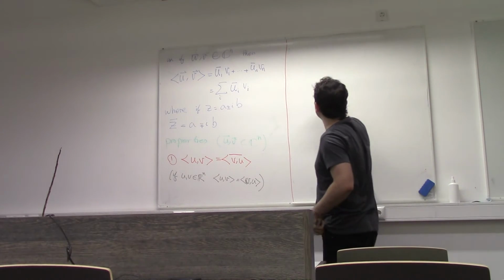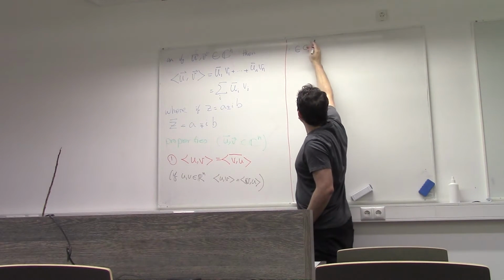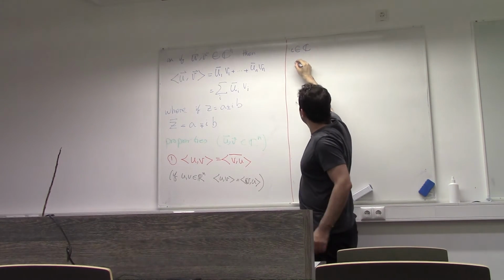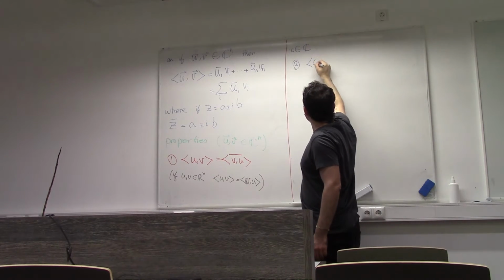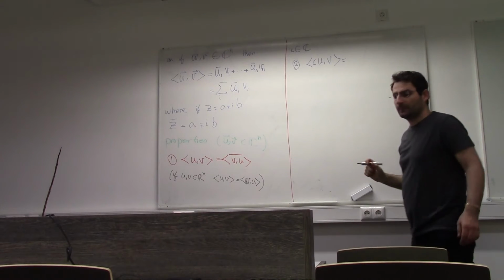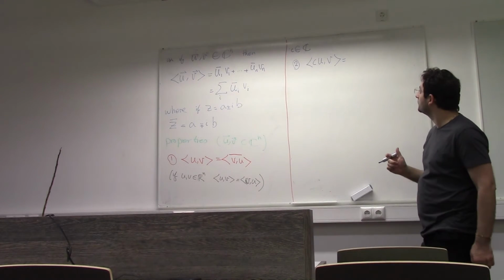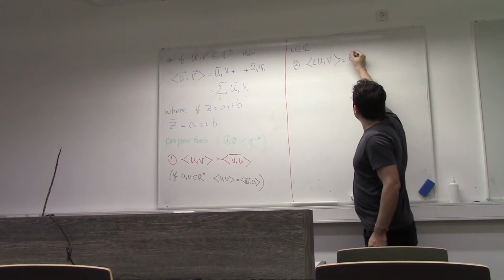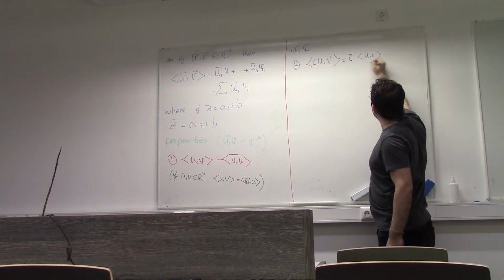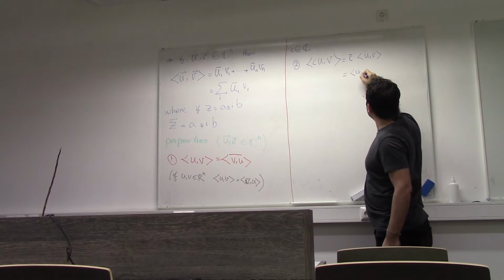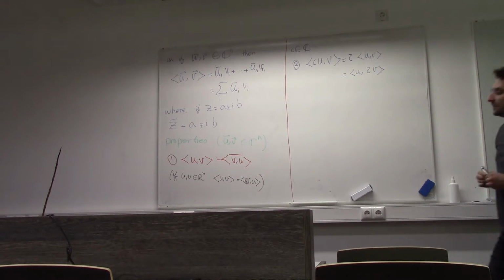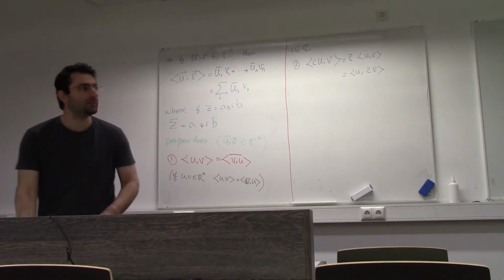The second one: if the constant C is a complex number, then what can we say about the inner product of Cu and v? It is C conjugate multiplied by the inner product of u and v, and it is the inner product of u and C conjugate v. The proof is pretty straightforward.